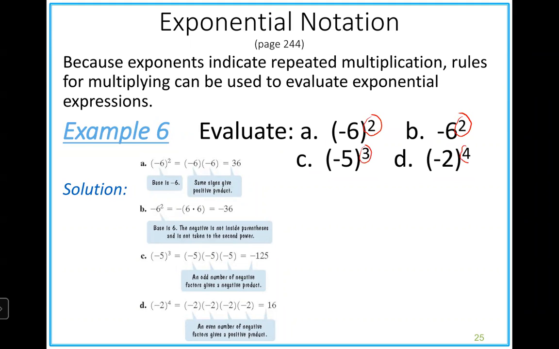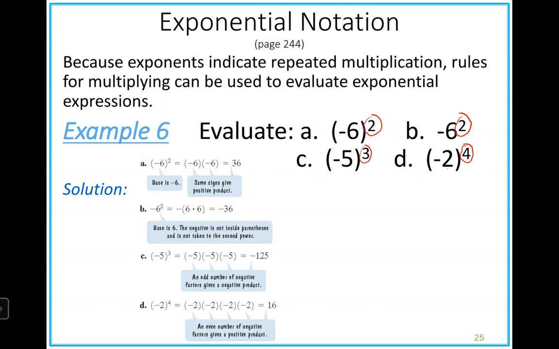This is an exponent here. So I circled all exponents. So this one is telling us -6 to the second power. This one is asking also for -6 to the second power. C is saying -5 raised to the third power. And D is saying -2 raised to the fourth power.